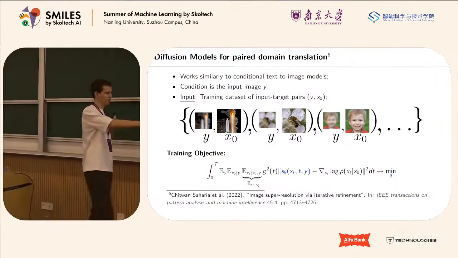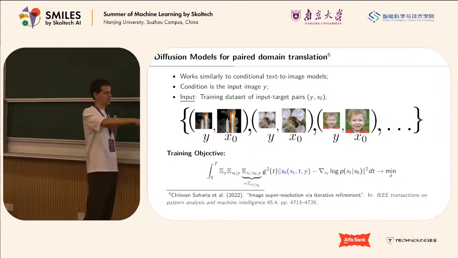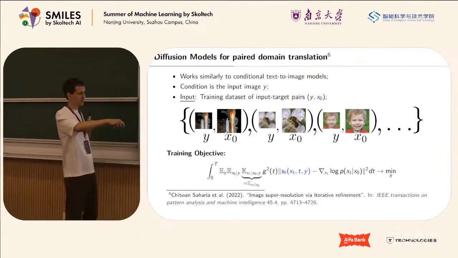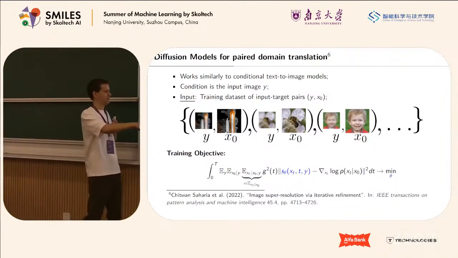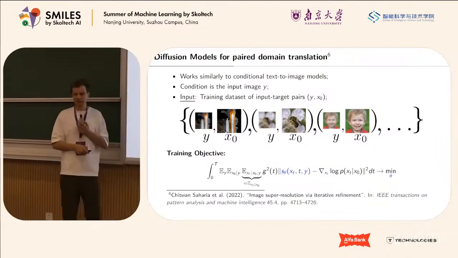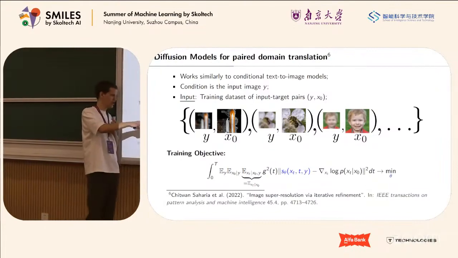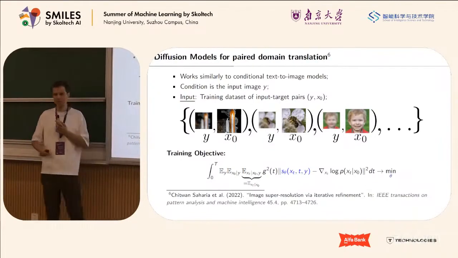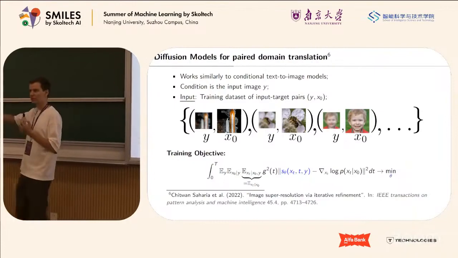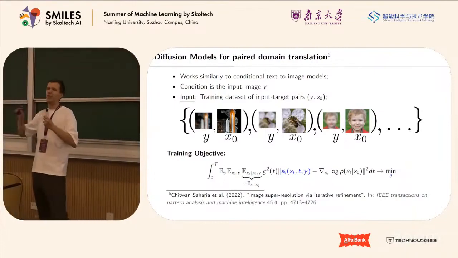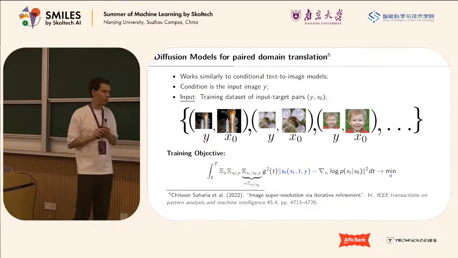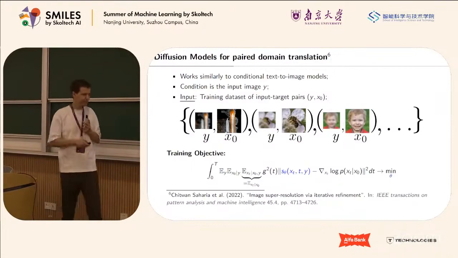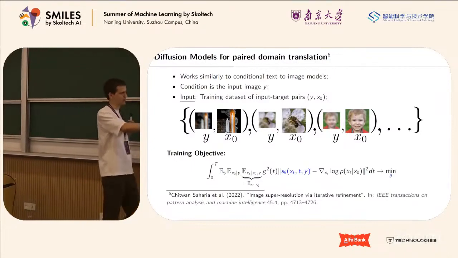And this loss is in fact just the standard diffusion model loss, but in the conditional regime. So there are two changes from the standard unconditional loss. First, you add an additional integral or expectation with respect to conditions, because now you need to train, in some sense, a lot of models for different conditions. And your score function becomes conditional.